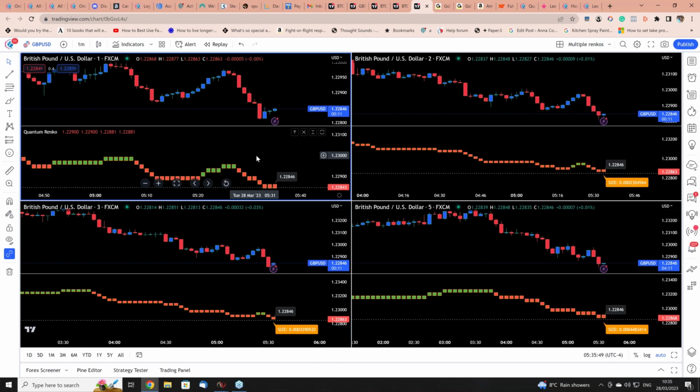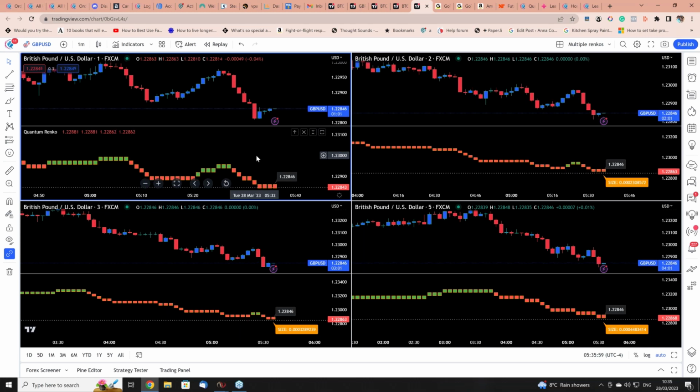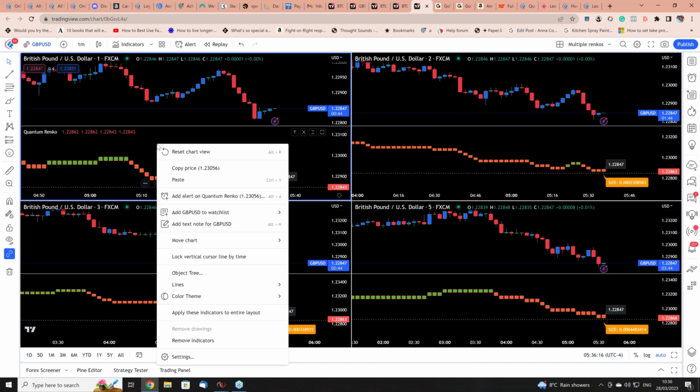You can't tie the two together because Renko is independent of time, because every Renko brick will be built in the time it takes to move that price action. So if you set the brick size at 2 pips, let's say, if those 2 pips move in a second, then that's when the brick will build. But that could take 5 seconds, it could take 10 seconds, it could take 20 seconds. And that's why a Renko is independent of time.